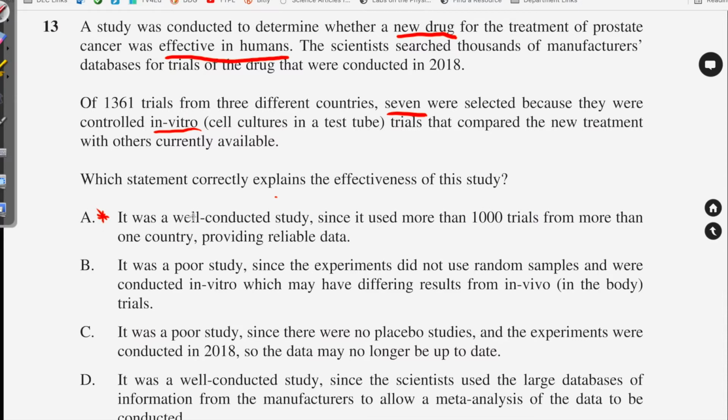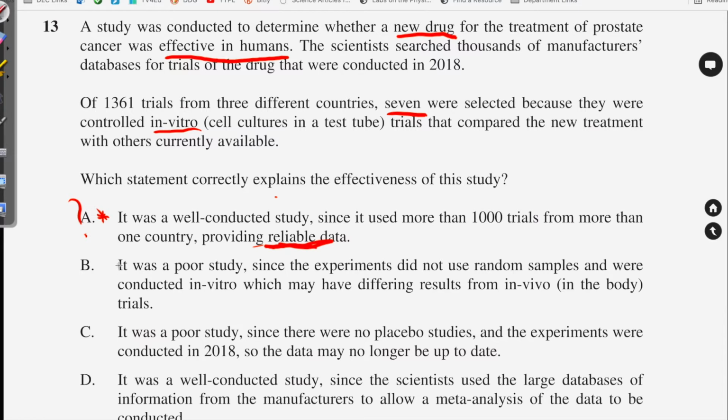Was it reliable data? Well, we actually don't know, and I think that's one of the things to pick up here. We don't know anything about the trials. We don't know how they were conducted. We just know that some were in vitro, some were probably done in the field. So in that case we're going to put a big question mark on that one, because it doesn't sound necessarily like the best answer.